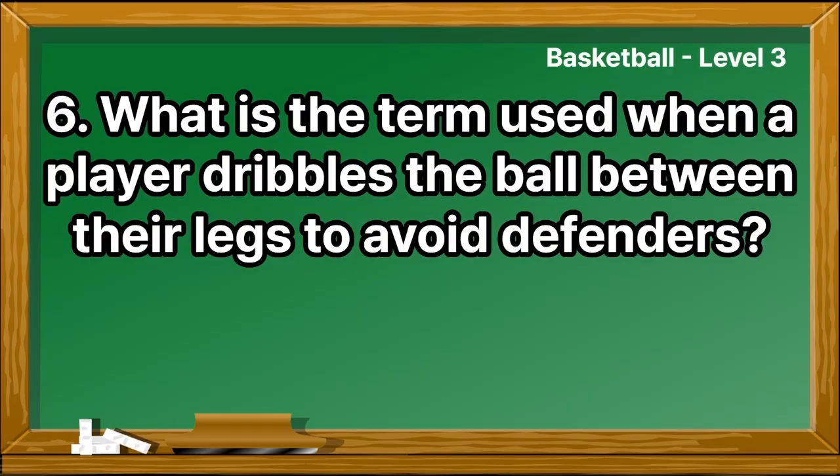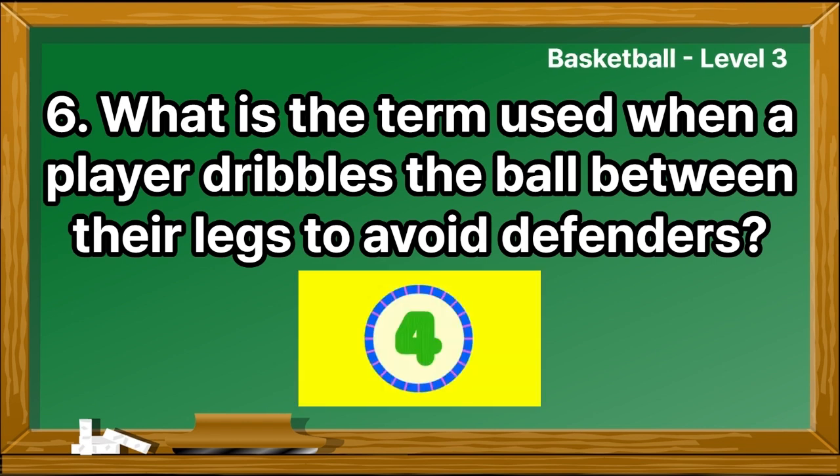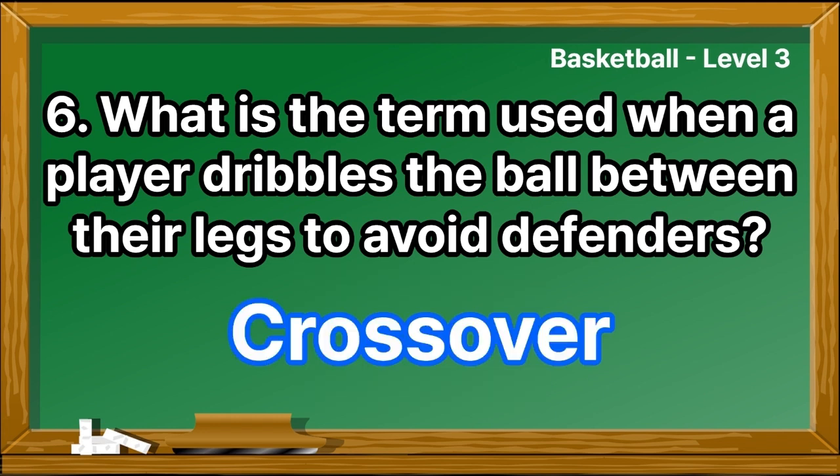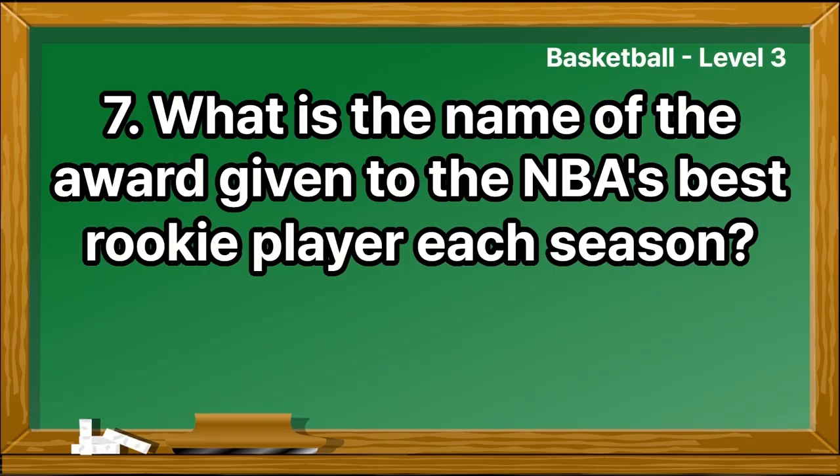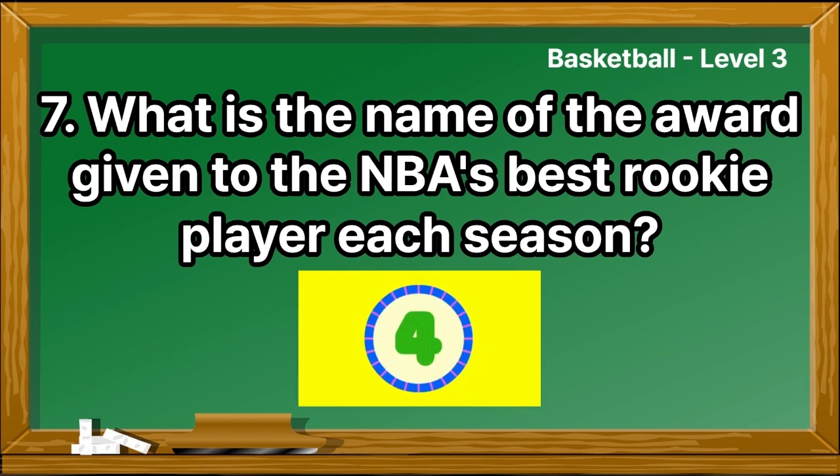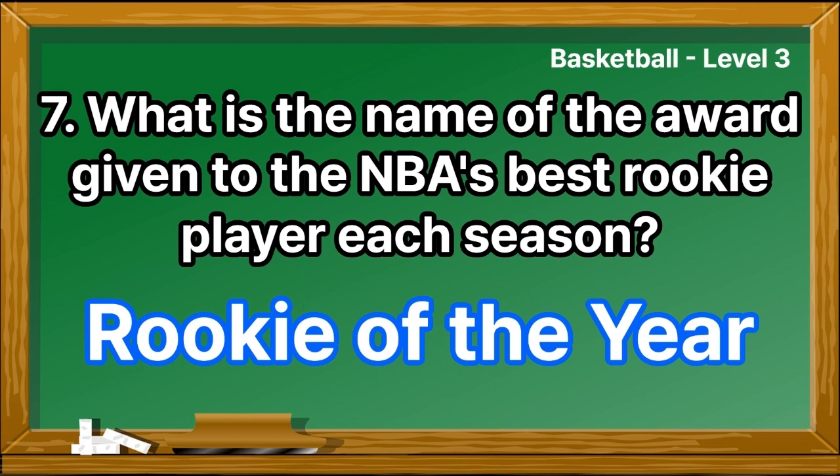What is the term used when a player dribbles the ball between their legs to avoid defenders? Crossover. What is the name of the award given to the NBA's best rookie player each season? Rookie of the Year.